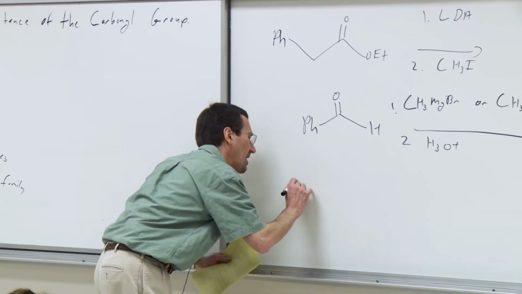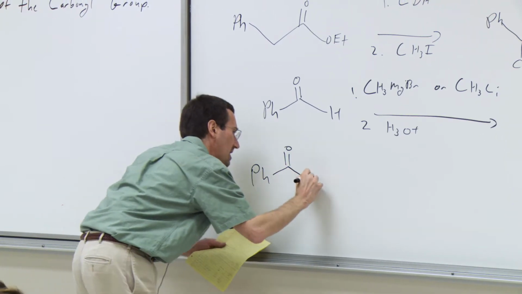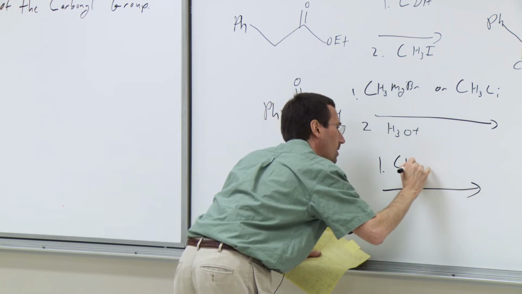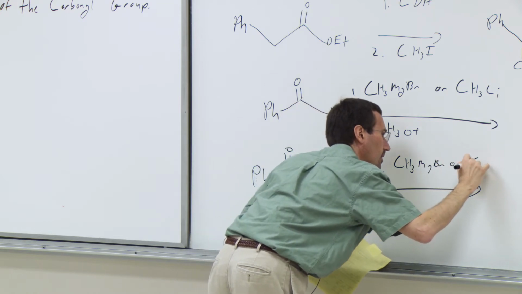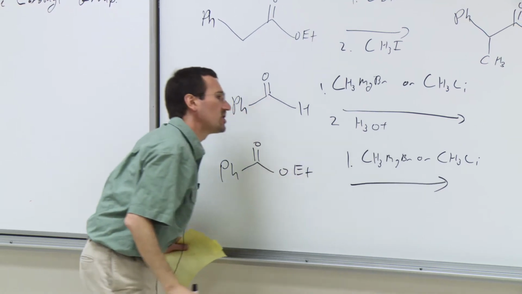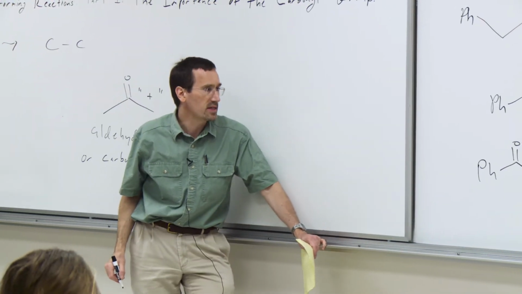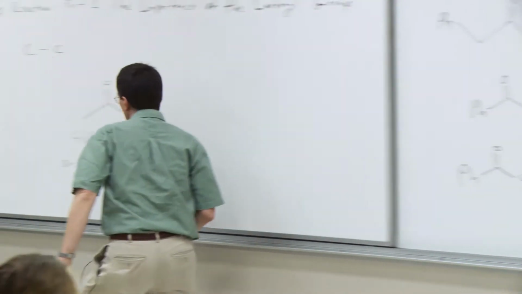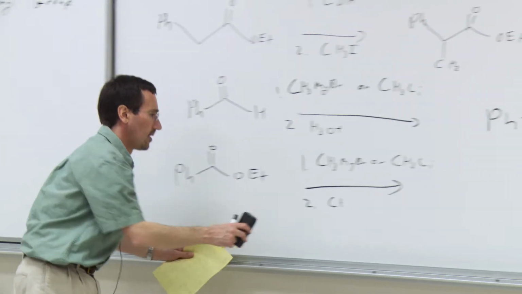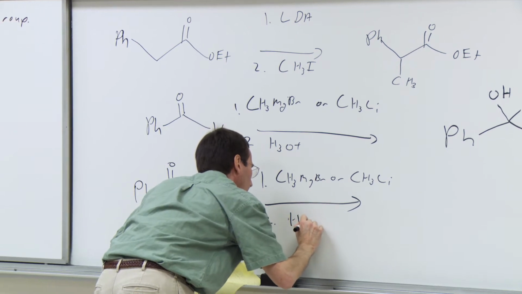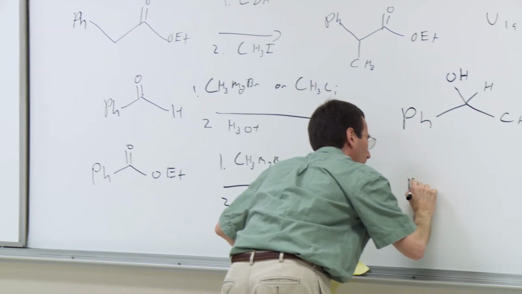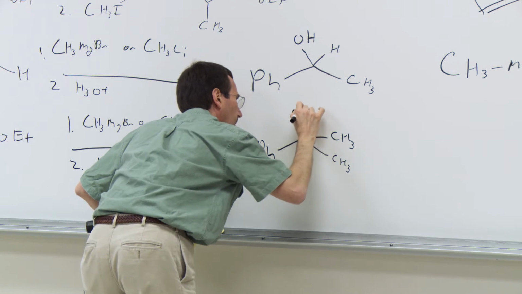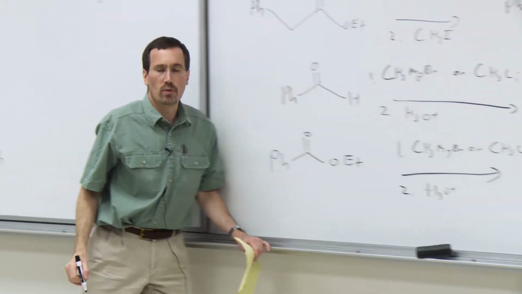So for example, if I take an ester, let's say, ethyl benzoate, and I carry out the same reaction, treating the ethyl benzoate with methyl magnesium bromide or methyl lithium, and then carrying out an aqueous workup, I get addition of two equivalents.